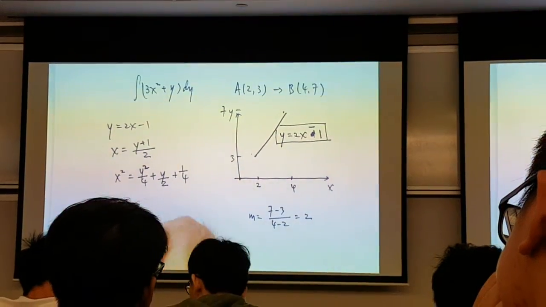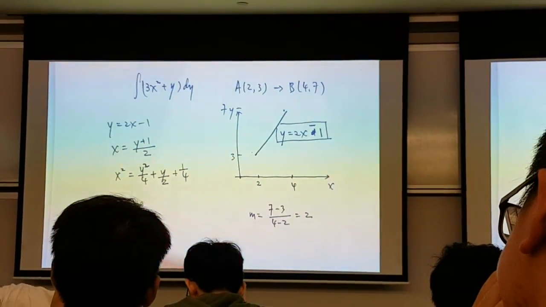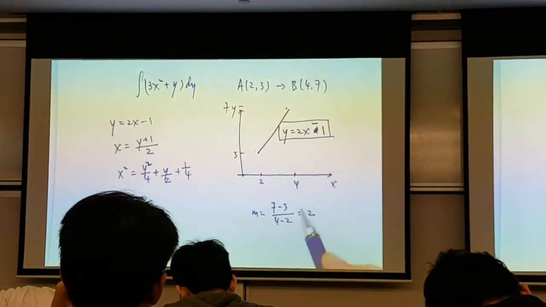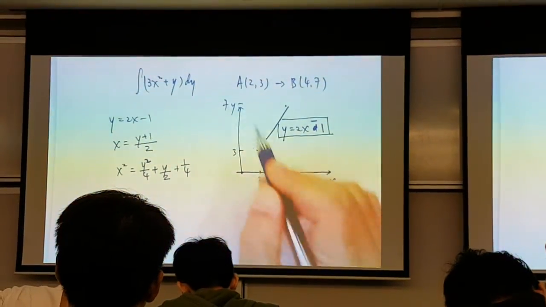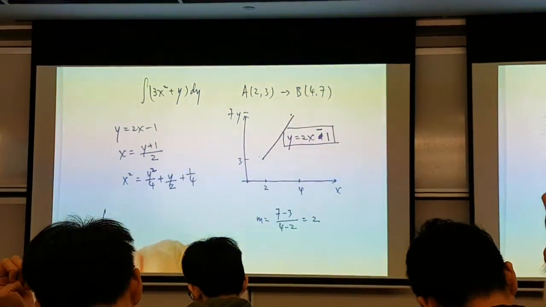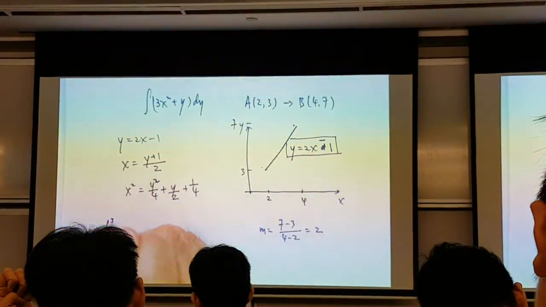Okay, so now your integration with respect to y: we look at our starting point, which is 3, and the ending point is 7. So we integrate from 3 to 7.